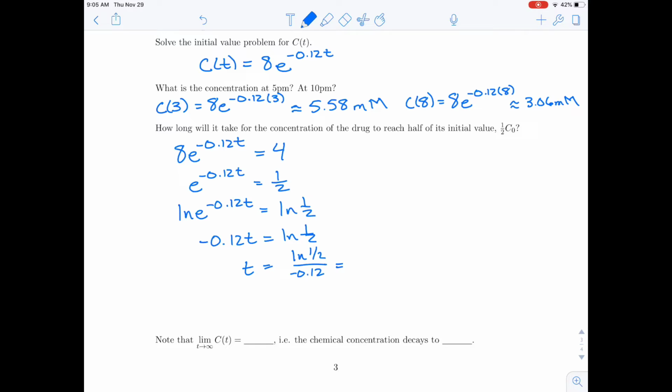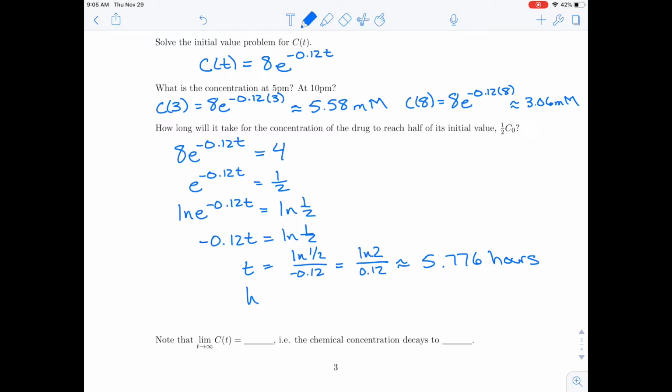Using log rules, we can write this as the natural log of 2 divided by 0.12. And that's approximately 5.776 hours. So after 5.776 hours, the concentration of the drug has reached half of its initial value, 4 millimoles.